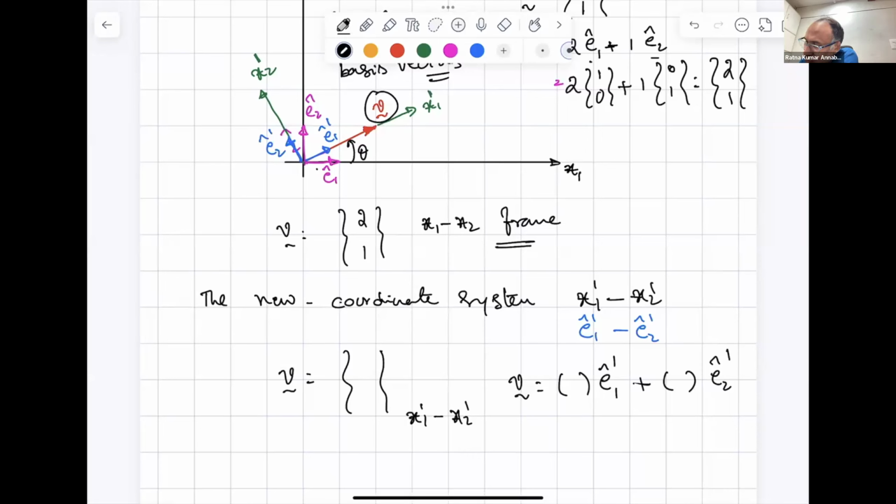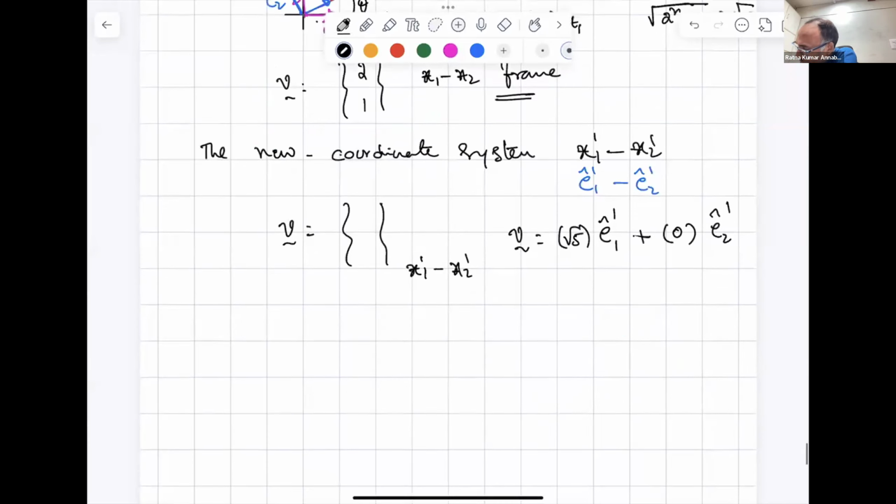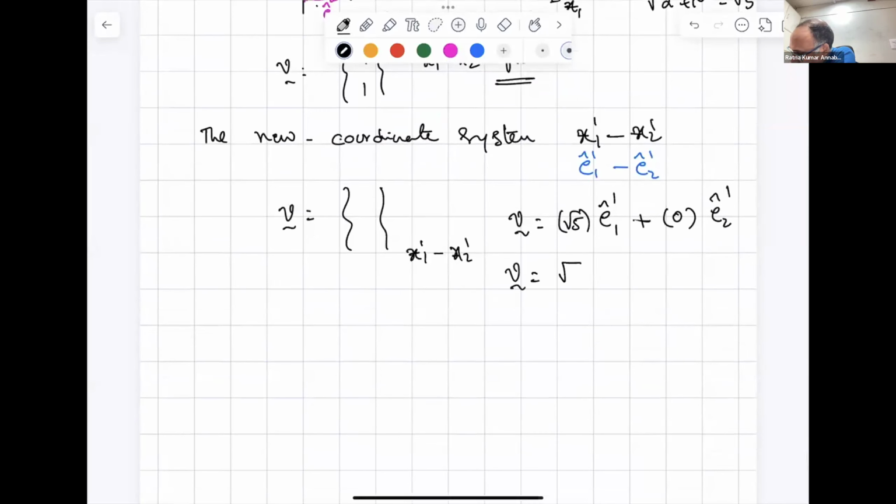So the projection of v along e2 hat dash is 0. Along e1 hat dash, it is the length of the vector. What is that length? Square root of 2 squared plus 1 squared, that is root 5. So now my v can be written as root 5 e1 hat dash plus 0 e2 hat dash, or in other words, I can write root 5, 0. Do you agree?